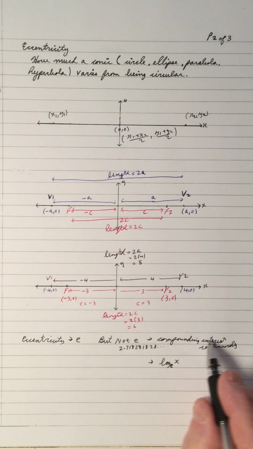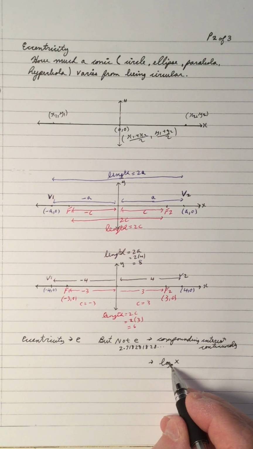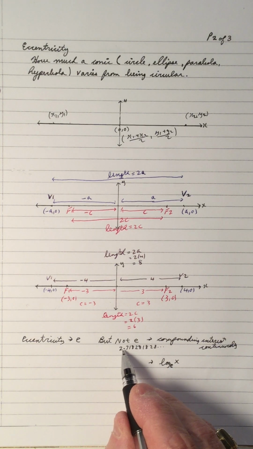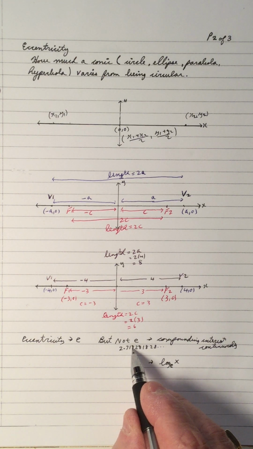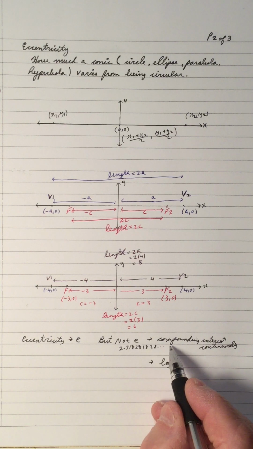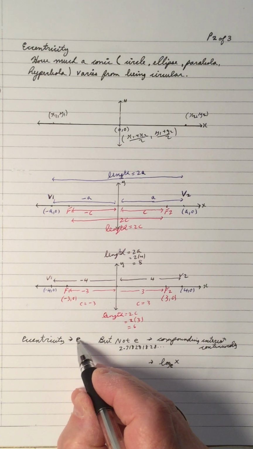So the e that's in compound interest and in a log is this number here, 2.718281828 repeated, but this e is the eccentricity.